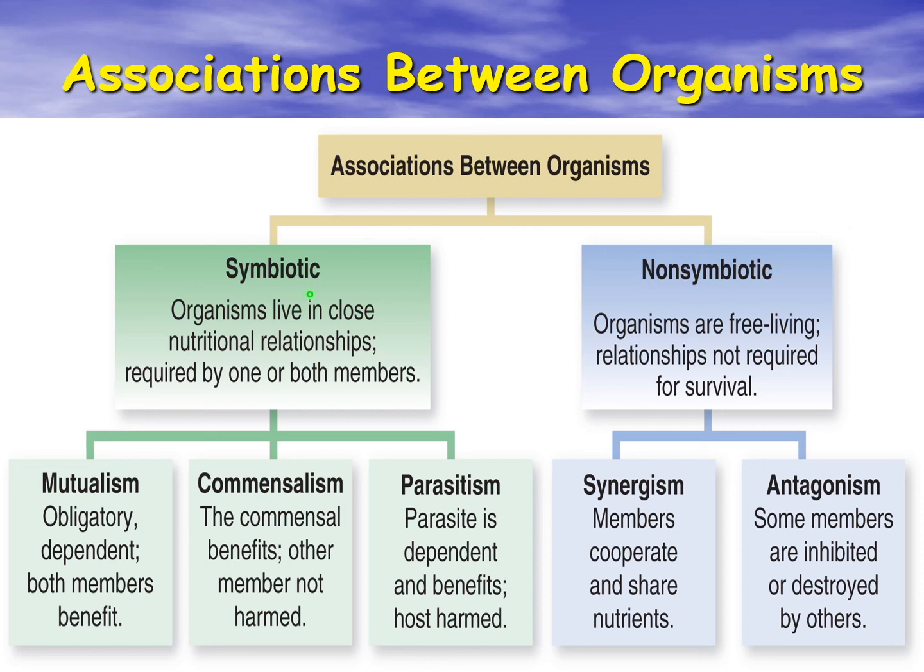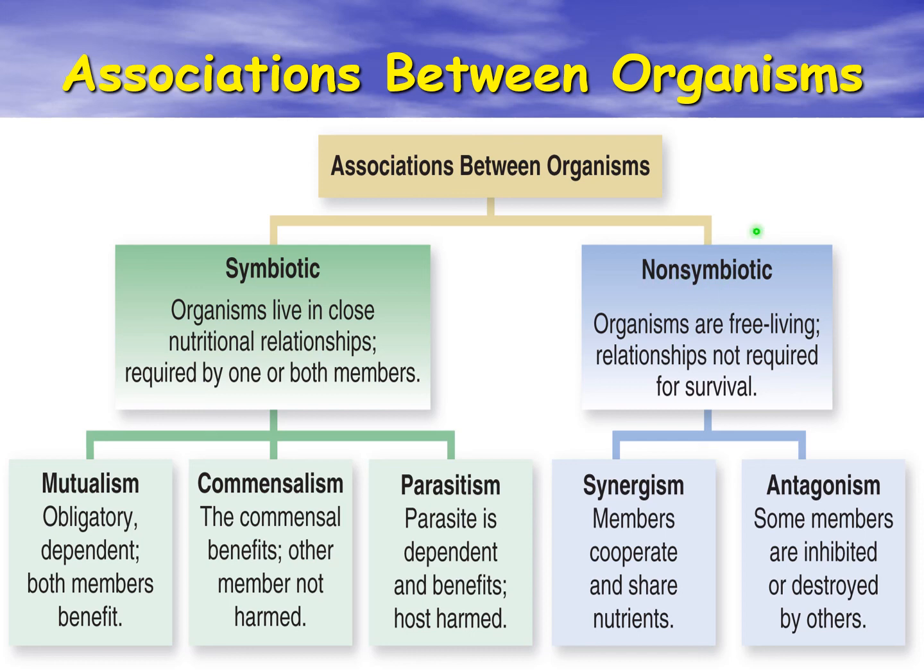Symbiotic relationships are where organisms live in very close nutritional relationships, and usually the relationship is required by one or both members. Non-symbiotic organisms are free-living. They could live on their own, but oftentimes there's strength in numbers, and while the relationships are not required for survival, they may be advantageous.